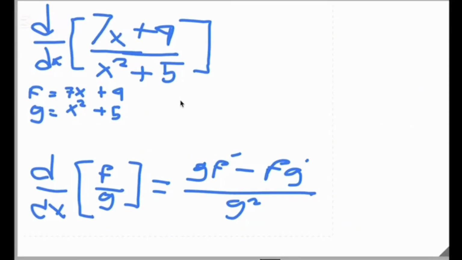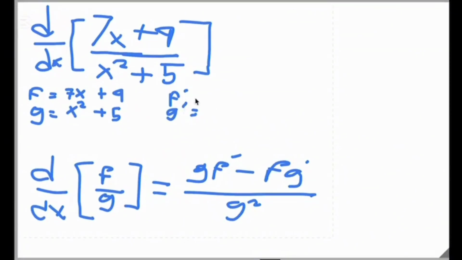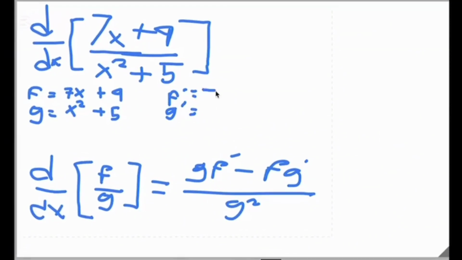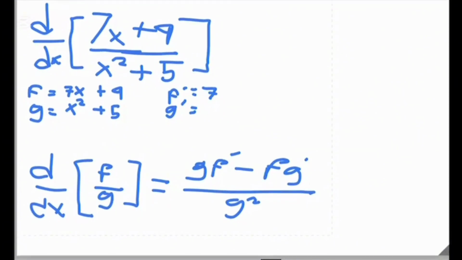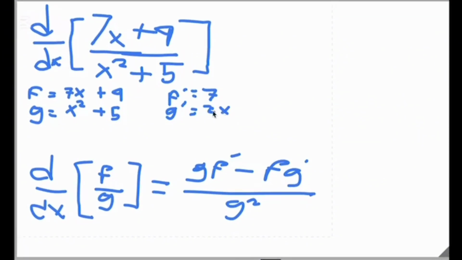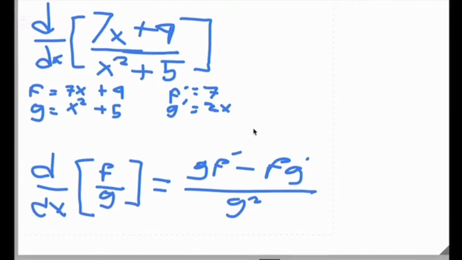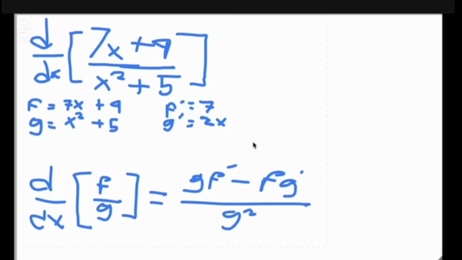Now, f prime and g prime. f prime equals 7 because the derivative of 7x is 7 and the derivative of the constant 4 is 0. Meanwhile, g prime is equal to 2x because the derivative of x squared is 2x and the derivative of the constant 5 is 0.